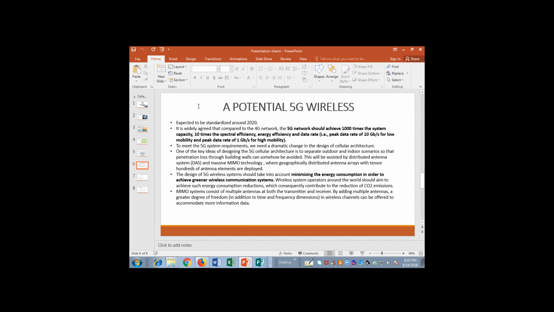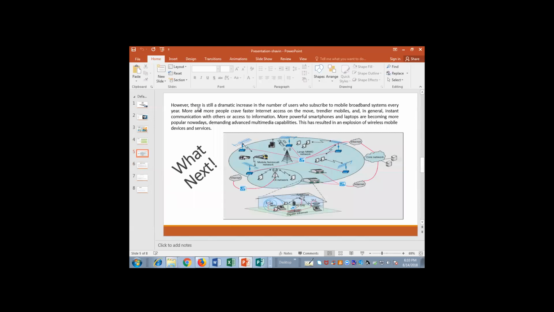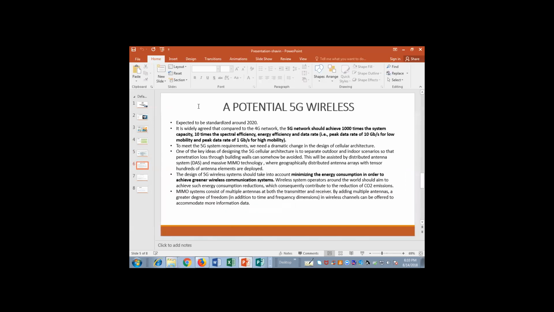So as I have noted in the notes, this is from the article. To meet the 5G requirements, we need a dramatic change in the design of the cellular architecture, similar to this concept that was specified, right? The design of the wireless system should take into account minimizing the energy consumption, right?